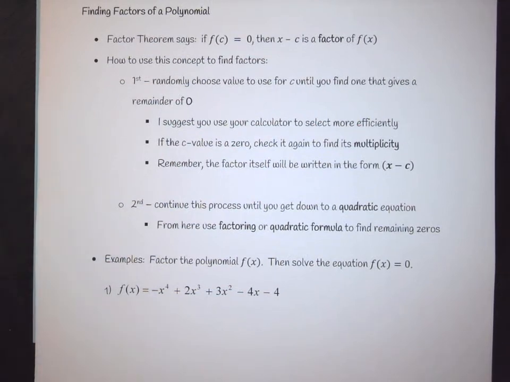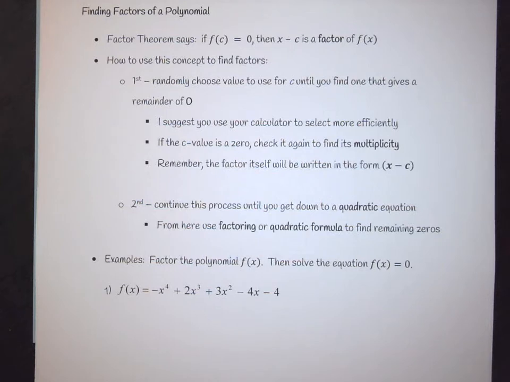First, you could just randomly choose values for, say, your C term or the box term, hoping that one of them is going to give you a zero. Or you can use a graphing calculator to graph and then use your zeros function to find potential zeros.